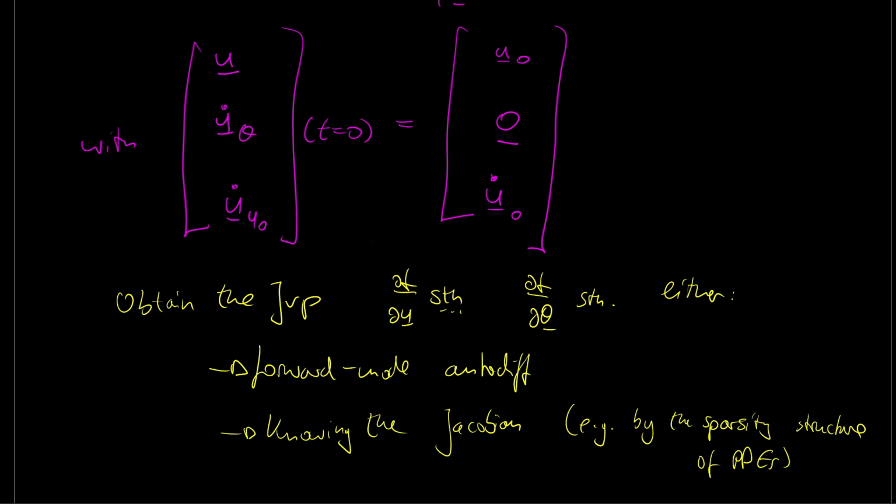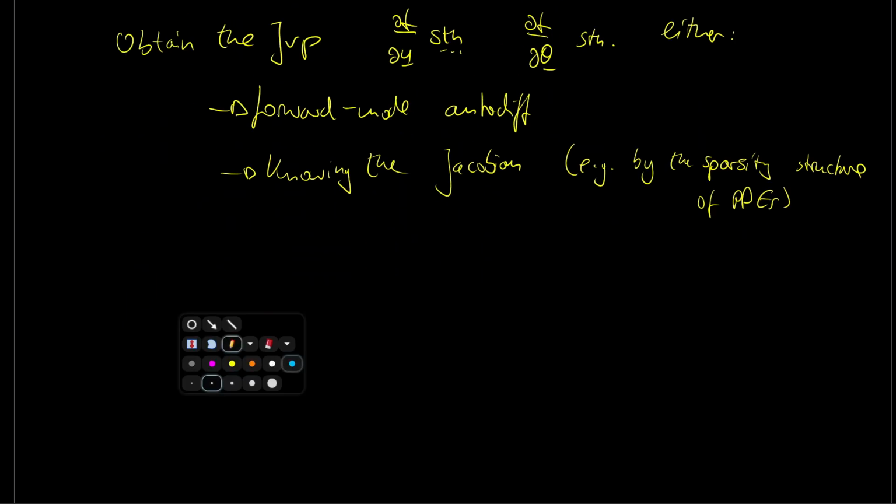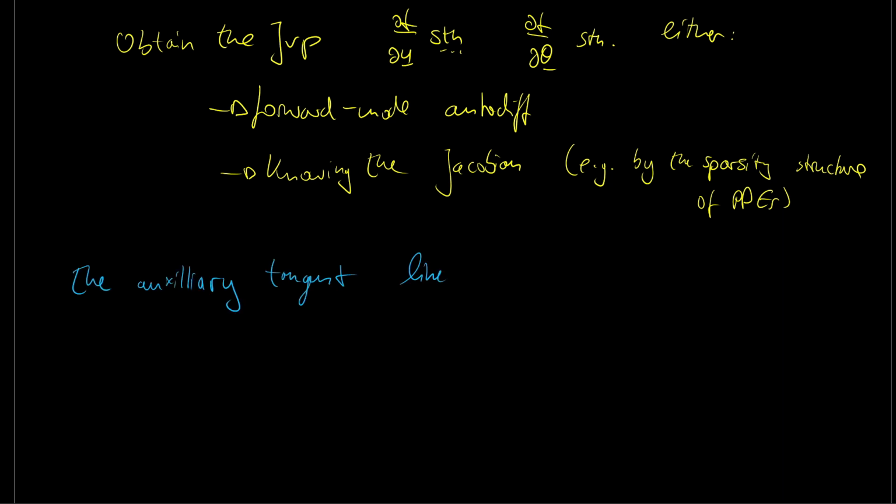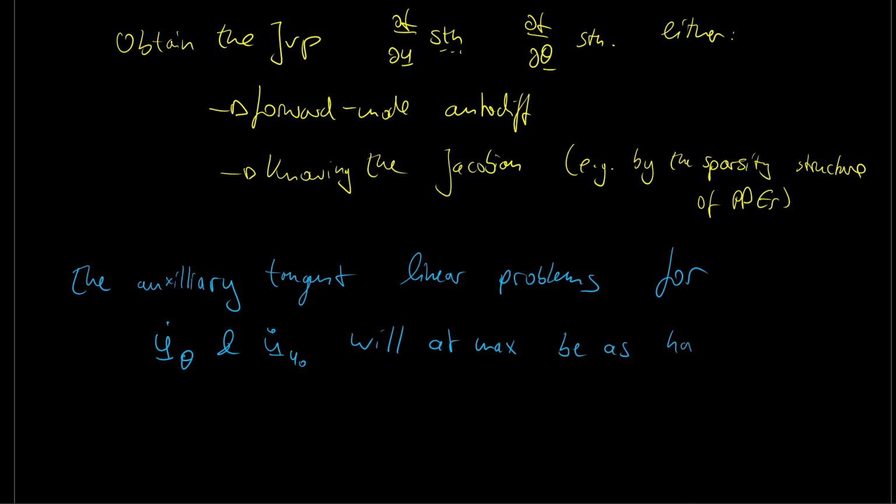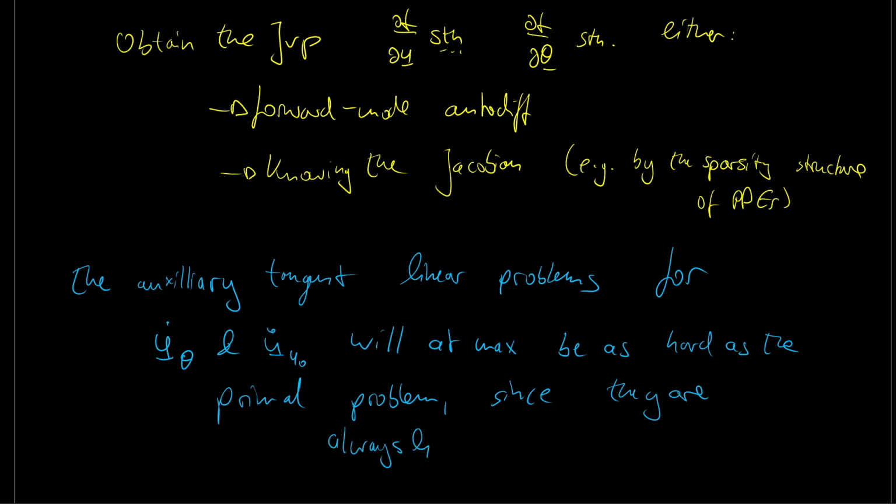And a really final remark I want to leave here is that the auxiliary tangent linear problems, so these are the additional ODEs we have to solve for the u tangent contribution from theta and the u tangent contribution from u0, will at maximum be as hard as the primal problem since they are always linear.